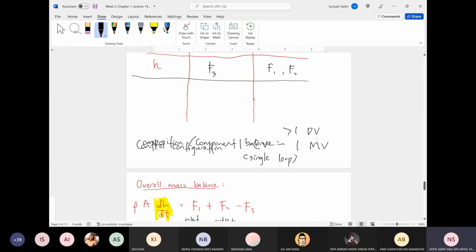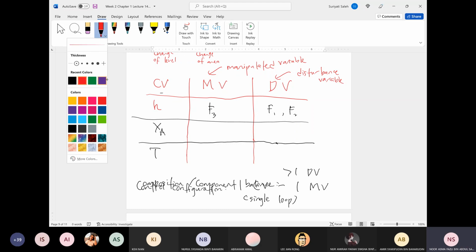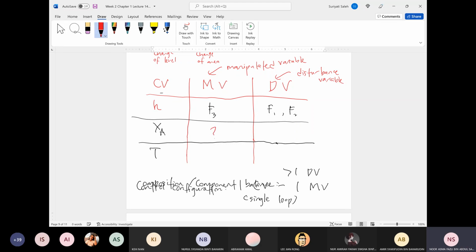Here XA is your control variable, and lastly it will be your temperature T. So for your exercise, determine the manipulated variable for XA and the disturbance for XA, and lastly for the temperature, based on the component and energy balance equations.